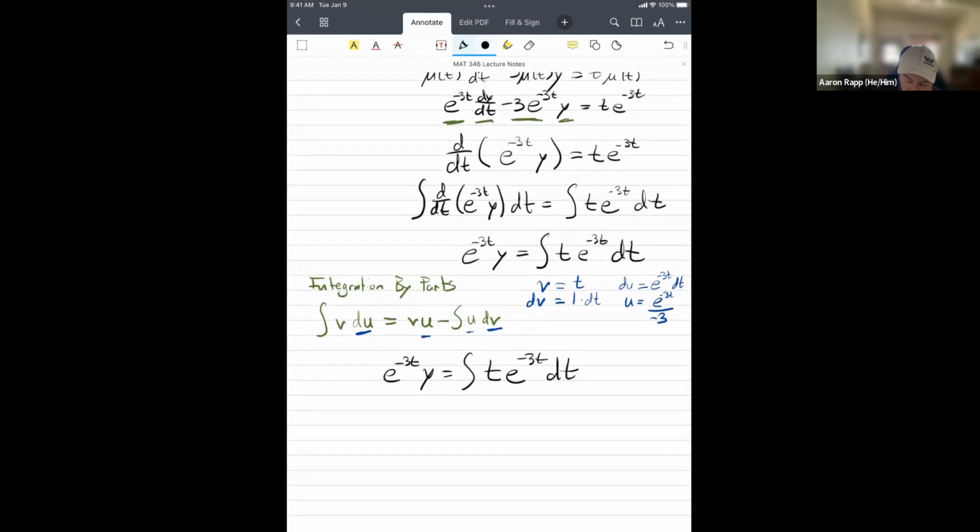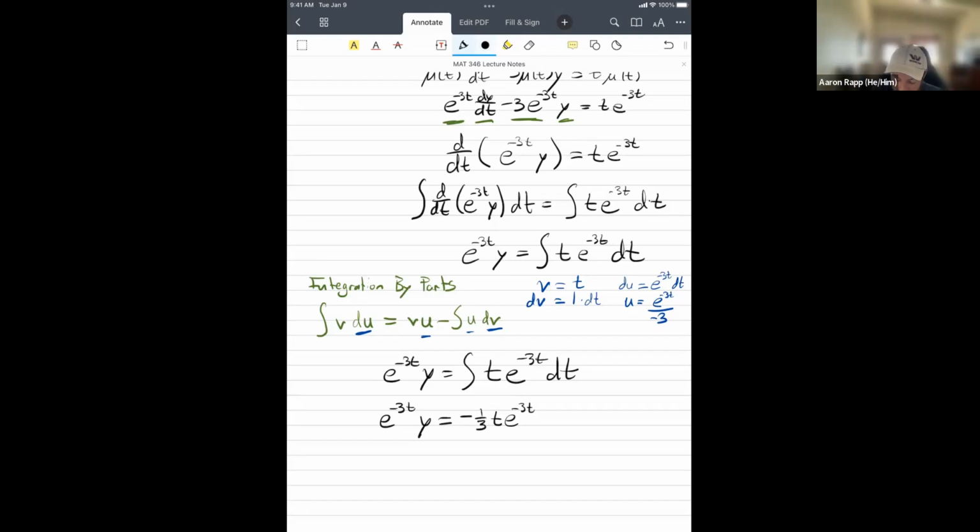And now we're going to apply integration by parts. So it becomes my v times my u, which is going to be -1/3 t times e to the -3t. That division by -3, I'm just choosing to rewrite as a multiplication by -1/3.